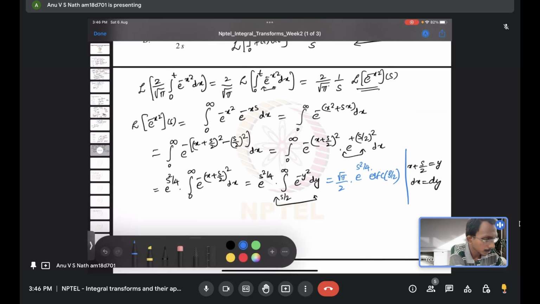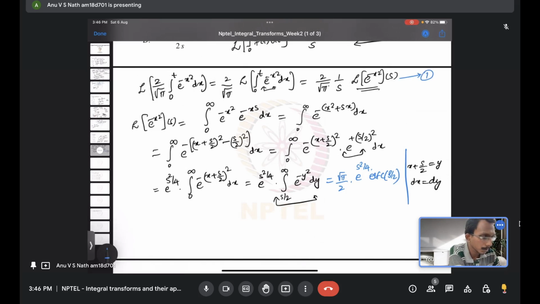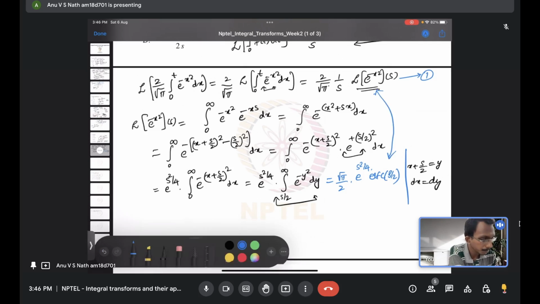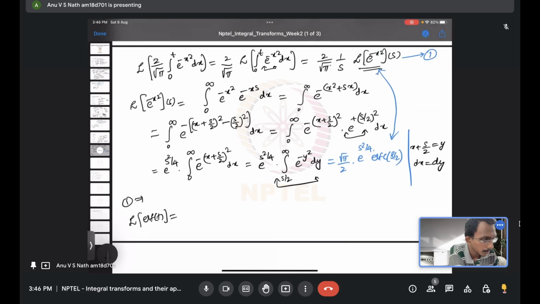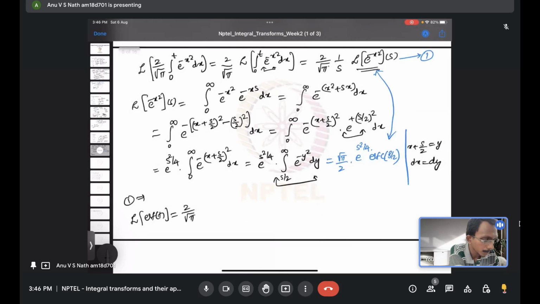So go back to the equation. If we know the Laplace transform of exponential minus x square, that we right now know, we can just substitute this in equation 1, so that we can get the Laplace transform of error function of t, which is 2 by square root of pi times 1 by s times the Laplace transform of exponential of minus x square, which is square root of pi by 2 into e raised to s square by 4 into complementary error function of s by 2.